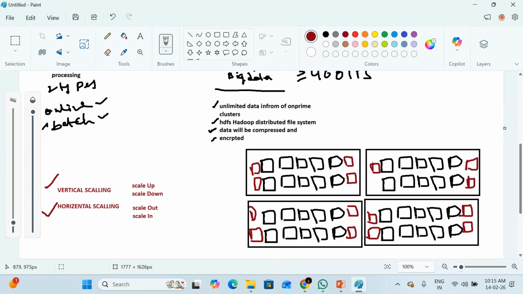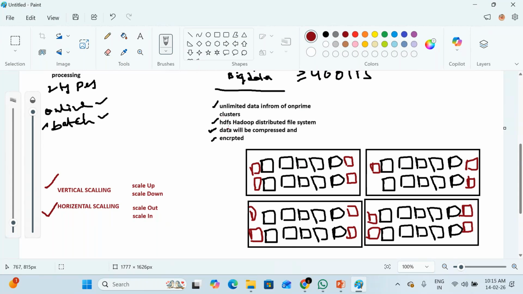Increasing and decreasing the nodes is vertical scaling. Increasing and decreasing the clusters is horizontal scaling. Very good. That is possible with Hadoop. Both are possible. That gives unlimited data in the form of on-prem clusters.